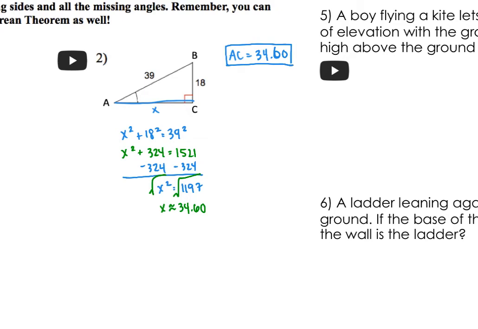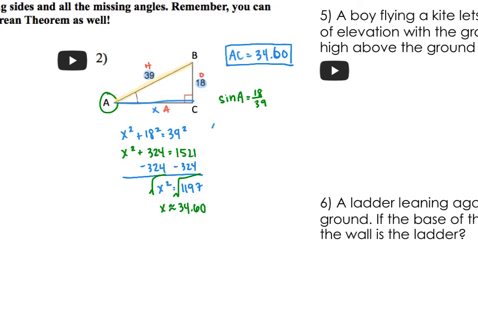Okay, now we're going to choose an angle to solve for. I'm going to solve for angle A first, highlighting my hypotenuse and labeling my sides. So this is adjacent, opposite, and hypotenuse. The information I have is the opposite and hypotenuse, which tells me I'm going to use sine. So it's going to be sine A equals 18 over 39.